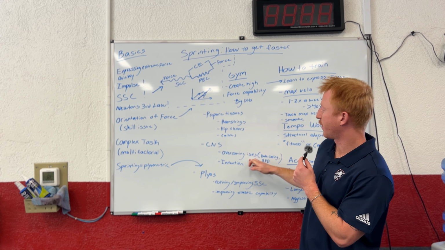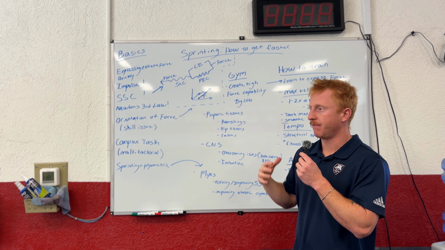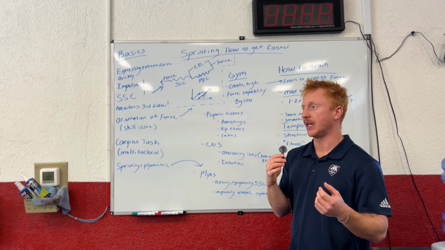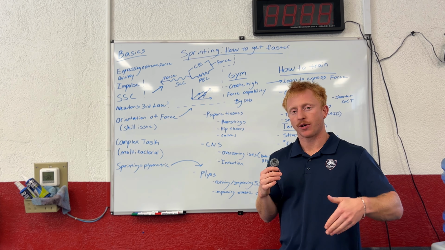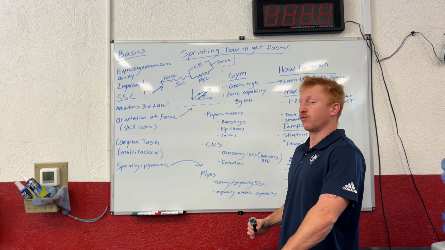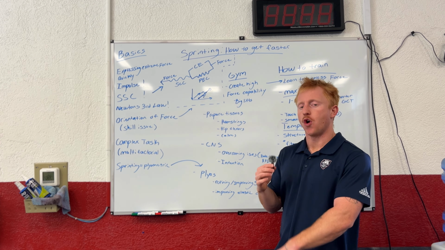We can also do that through overcoming ISOs, which if you don't know what that is, you can look it up. An example would be setting up the crash bars, having the bar under it, and pulling really, really hard. So trying to overcome a force that cannot be moved. And that is a good way to switch on that central nervous system.